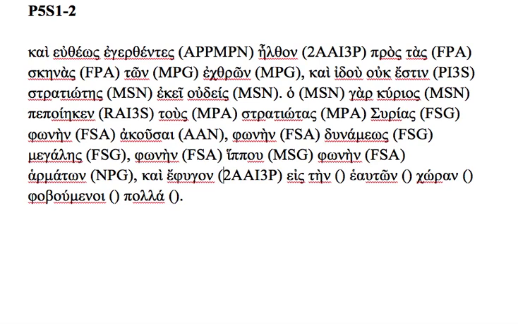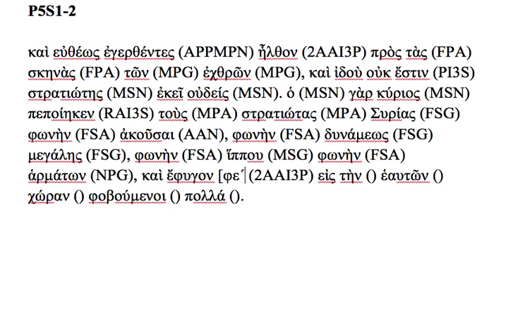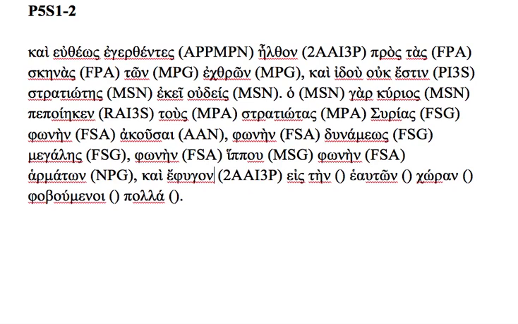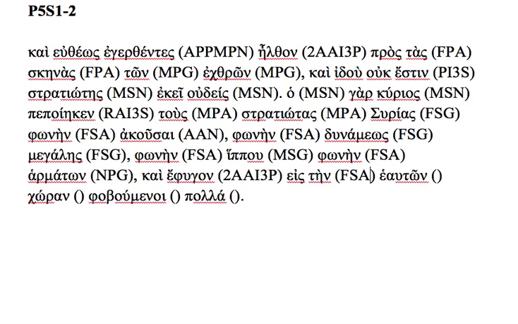The verb is actually fugo. You can see that here there has been a stem change from the epsilon upsilon to just upsilon. So that's why that's a second aorist active indicative, third plural. And then the rest of this is pretty straightforward.